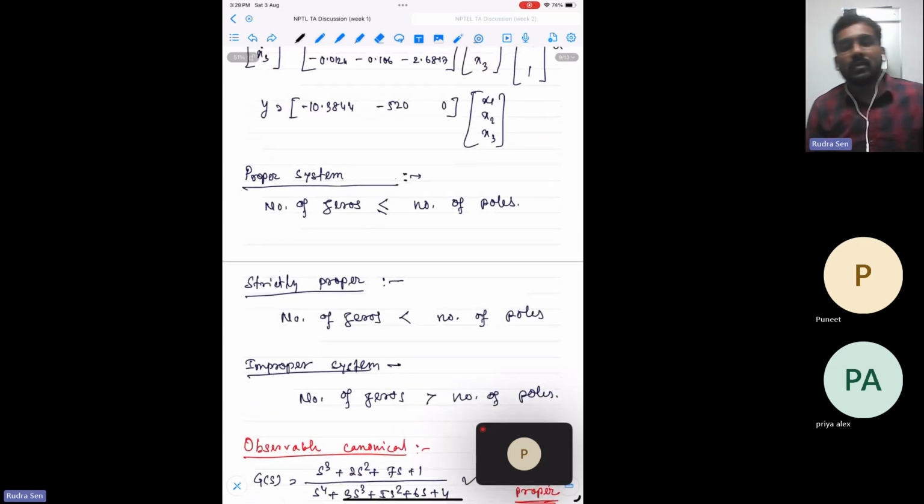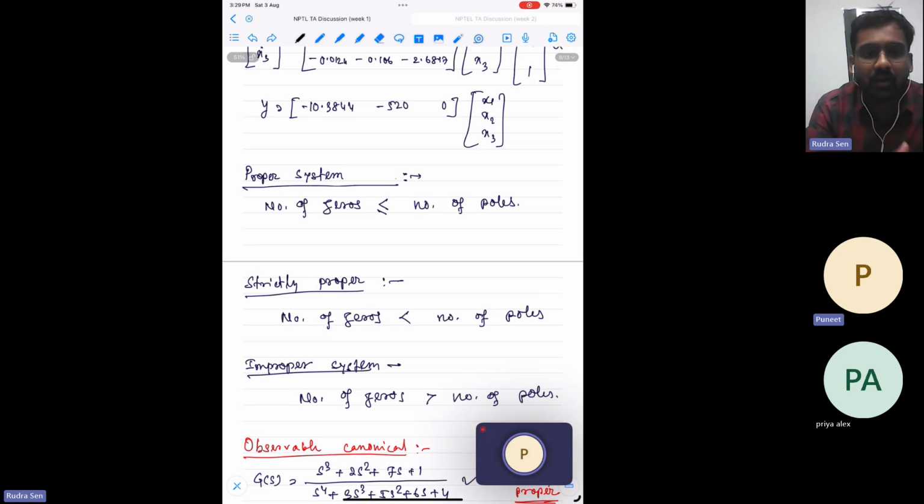These forms are nothing but a simplification, because as a control engineer we need to design either a control input, or some kind of observer, or analyze the controllability, observability, everything. We need to analyze this kind of thing, right?